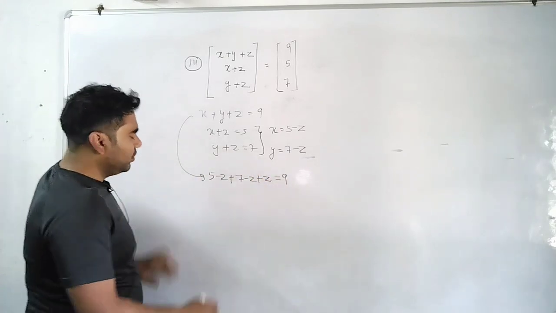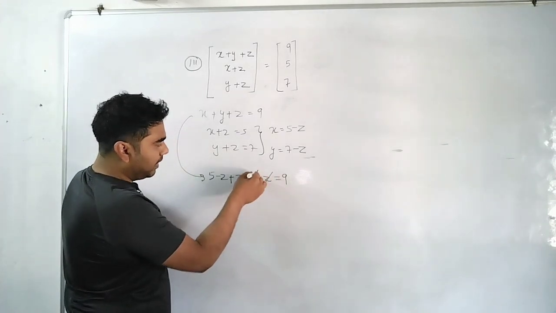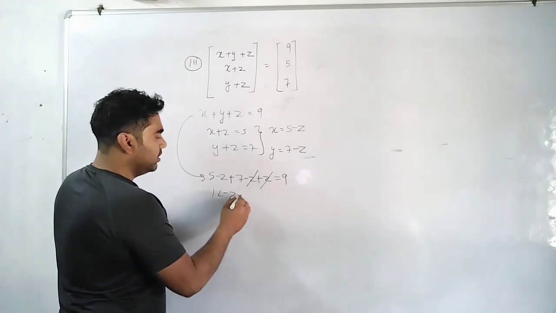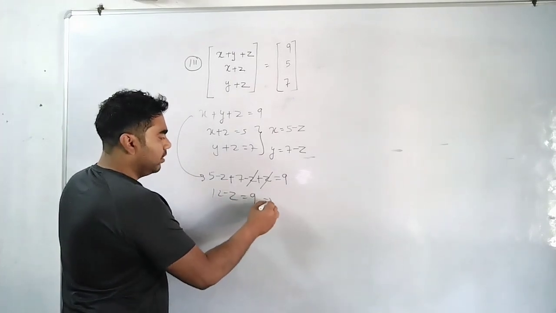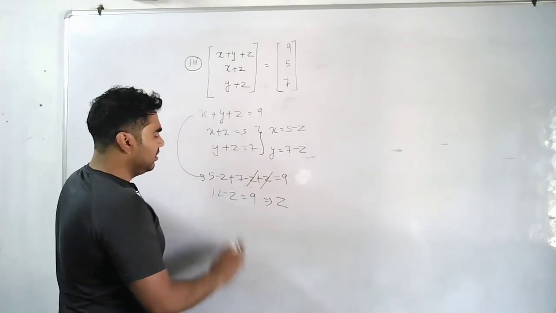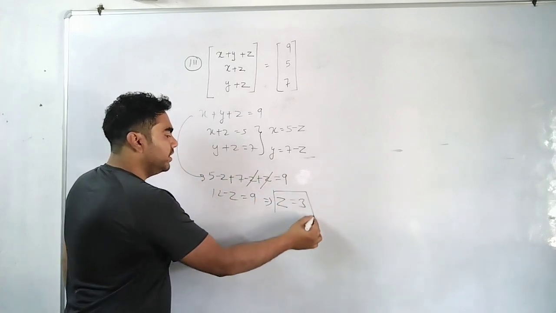Now simplifying this expression, we get 5 plus 7, 12, minus z is equal to 9. So here we get z is equal to 3. So the value of z is 3.